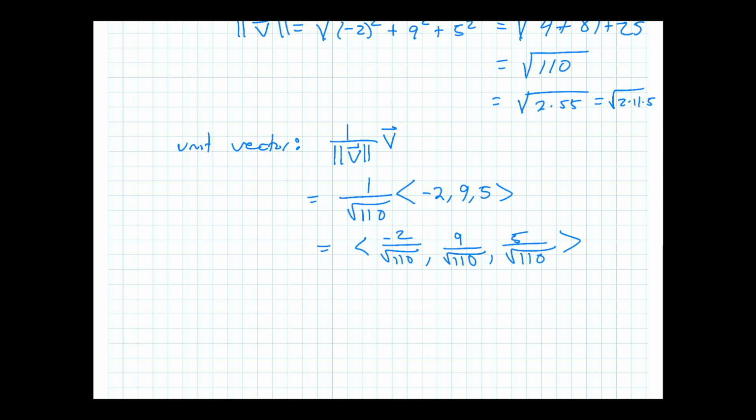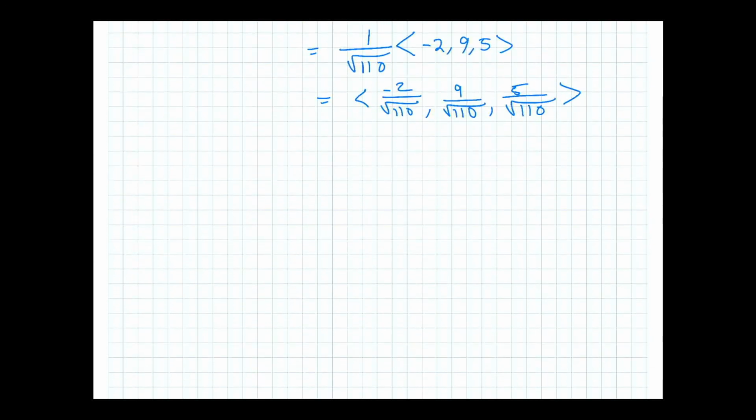Like that. Now something to keep in mind is that I did not rationalize the denominator here, but you always have the option of doing that. It's just, do you want to? I don't know, you could, but I wouldn't necessarily bother.